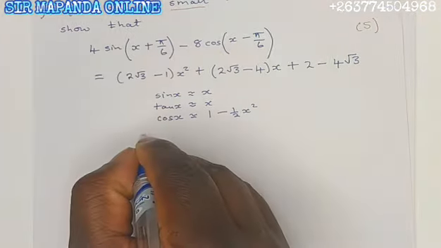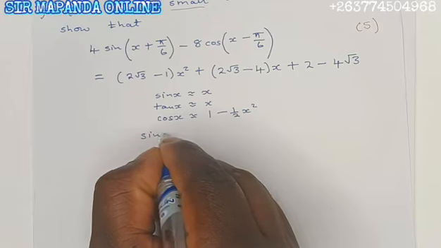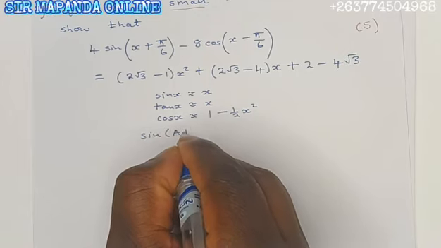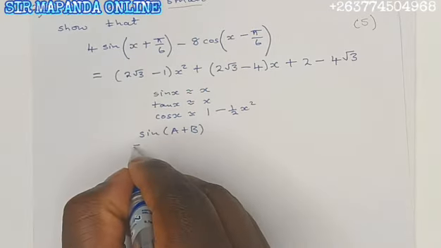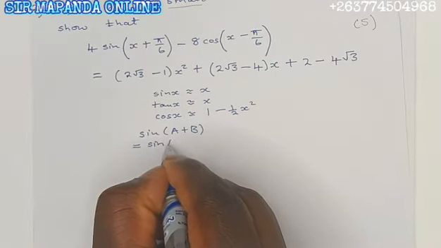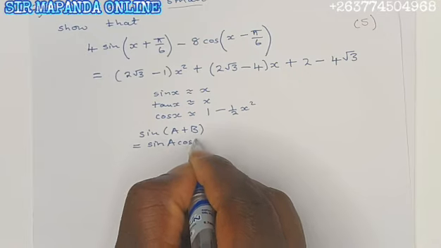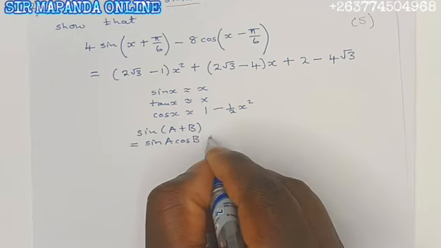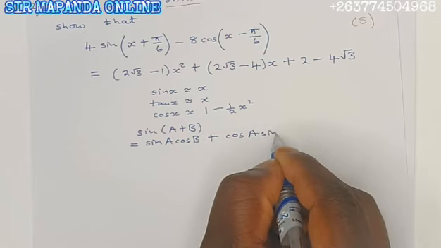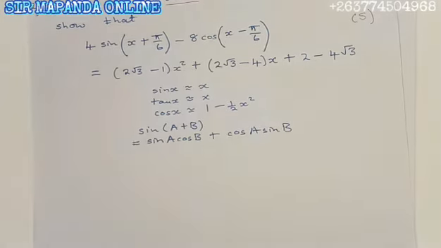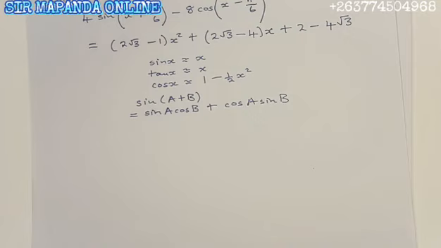So the compound angle for sine, if you have a positive sign in between, let's say you want to expand this bracket, you are going to say sine A cos B plus cos A sine B. So this is the compound angle for sine.